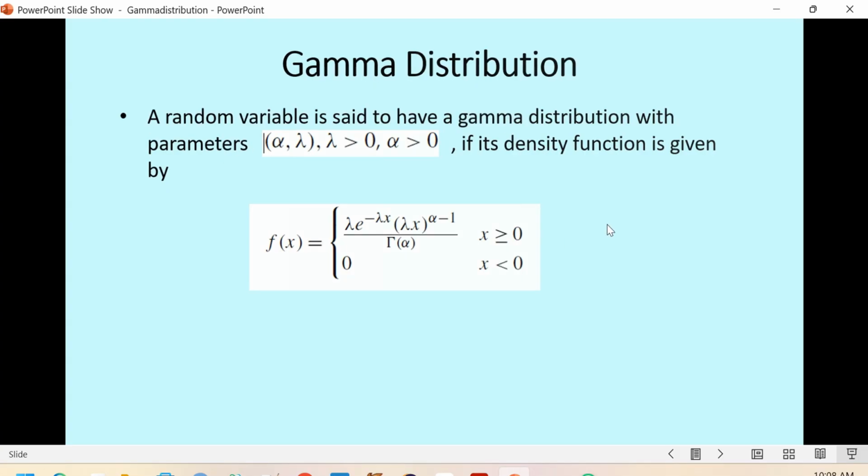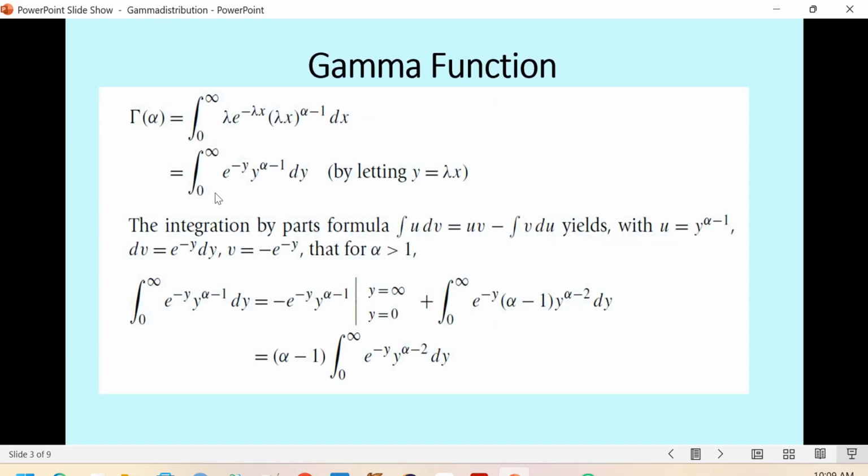The gamma function can be calculated with an integral from 0 to positive infinity, of lambda x to the power alpha minus 1, times e to the minus lambda x, times lambda, dx. Its result is like this one if we use y equals lambda x.